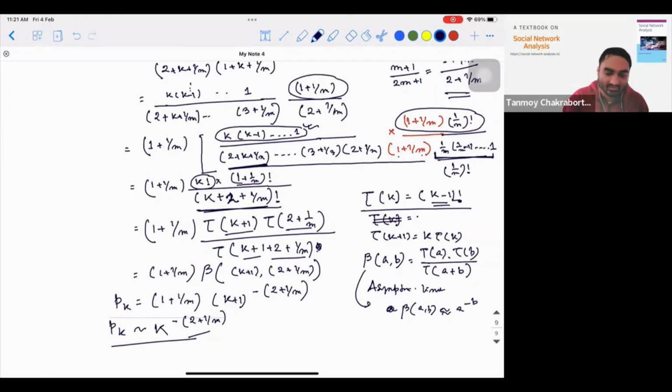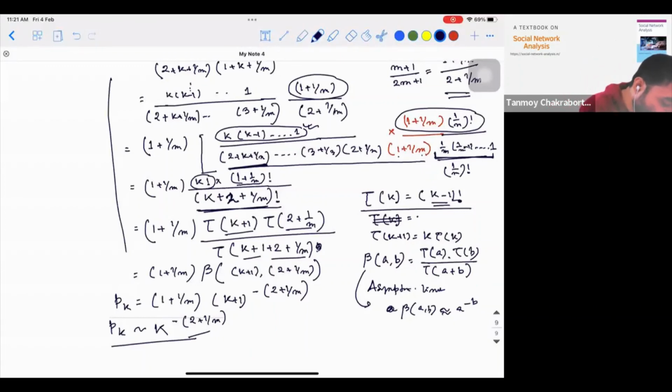The Price model was the base of models like Barabasi Albert and other preferential attachment models. John Kleinberg, from Cornell, proposed a model called the vertex copying model. I'm not going into the details, I'll just give you a glimpse.